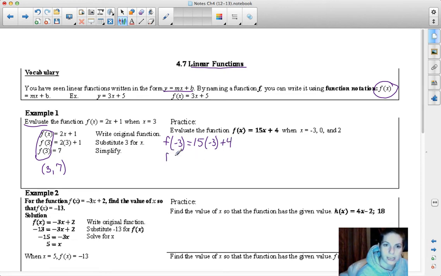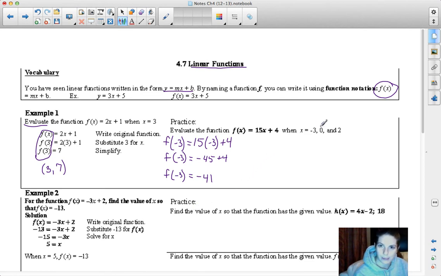Bring that notation down, f of negative 3. So it was a function, we plugged in negative 3. And I'm going to do it in 2 steps. 15 times negative 3 is negative 45 plus 4. So that f of negative 3 is equal to negative 41. And that's all I have to do for that problem.